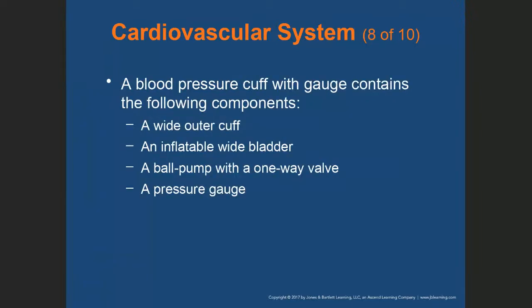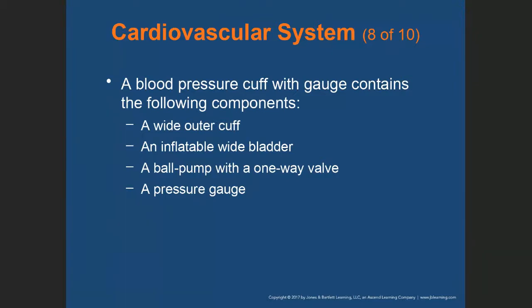Not going to go through how we would obtain a blood pressure. That's practical, right? But you have your digital equipment and you have your manual BP cuff. We will be practicing with the manual BP cuff, but most agencies have some form of digital available, whether it's a cardiac monitor that has the capabilities to do vital signs, or you just have a digital cuff available.